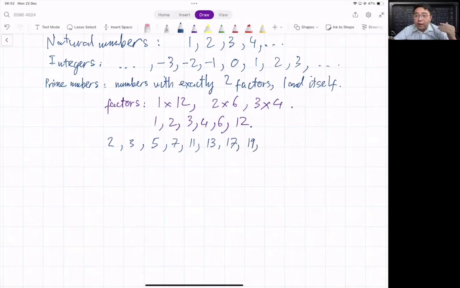No 21, 21 has 3 times 7. 23. No 27. We have 29, 31. We don't have 33. We have 37, 39 is not, okay? So on and so forth. So here are the prime numbers.